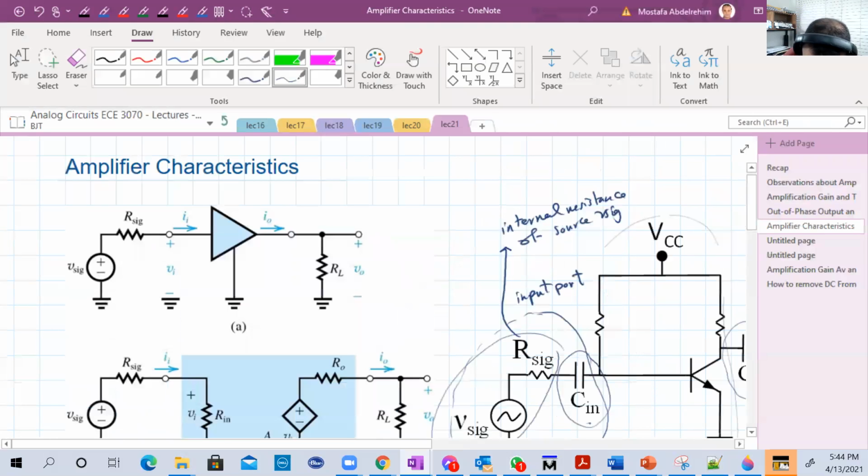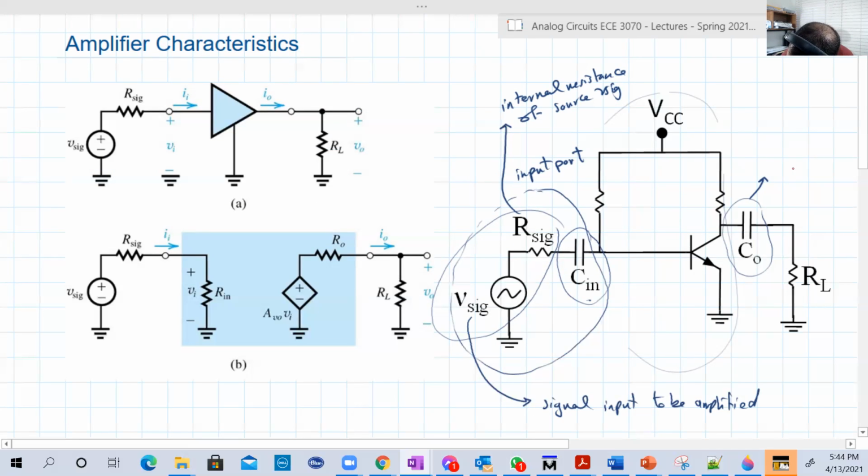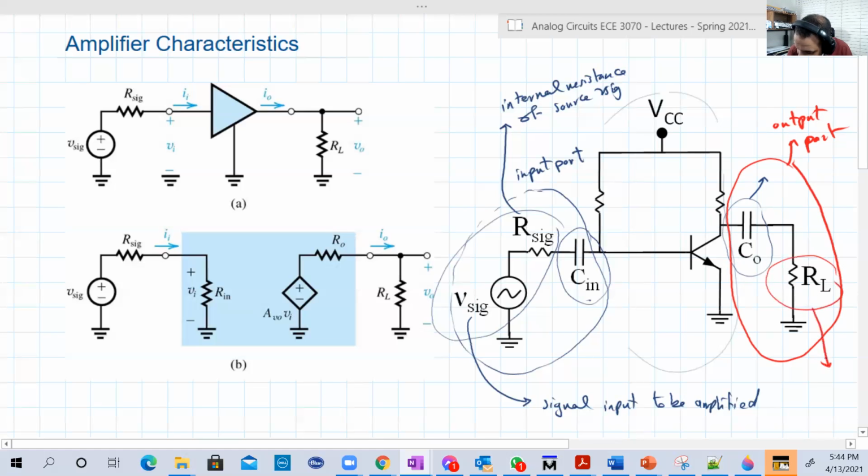The second part, let's do it with another color, is the output part in here, which is really simple. You have CO, which, as we discussed last time, isolates the DC of the amplifier circuit from being fed to the load. And this is the load that we want to feed with the amplified version of the input signal.